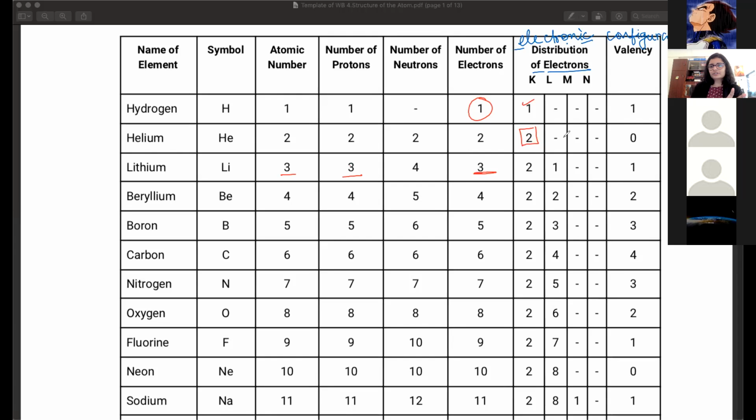So 3 electrons. But the first shell, 2 into 1 square, can take only 2 electrons. So the first 2 you'll put in the first shell, and the last one, the third one, will go in the second shell. That's why its electronic configuration is 2, 1. So that's how you slowly fill it up.